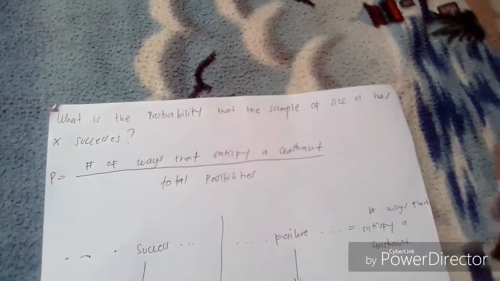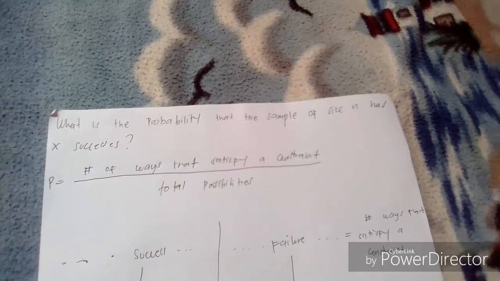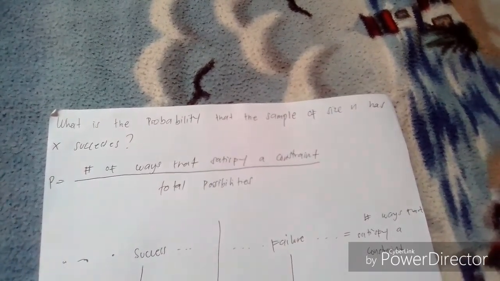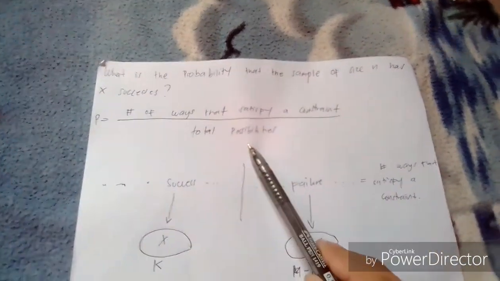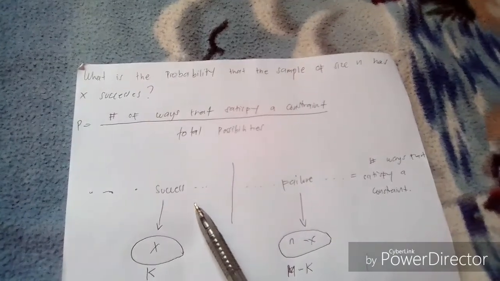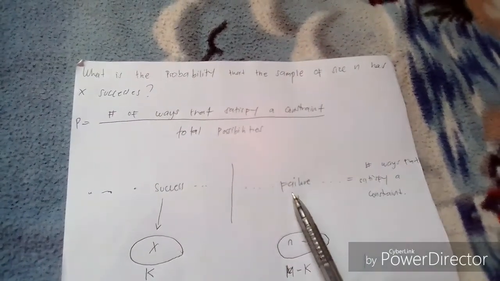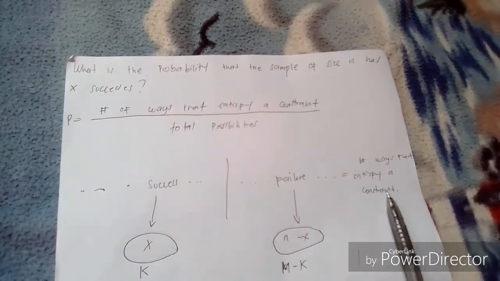What is the probability that the sample of size n has x successes? P is equal to the number of ways to satisfy a constraint divided by the total possibilities. The number of ways that satisfy a constraint in a population is a certain number of successes and a certain number of failures, and the product of the two is the number of ways that satisfy the constraint.